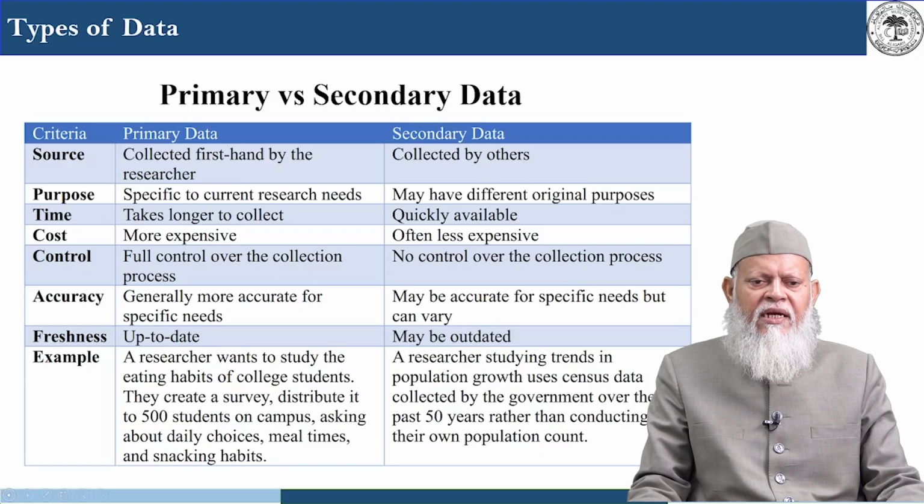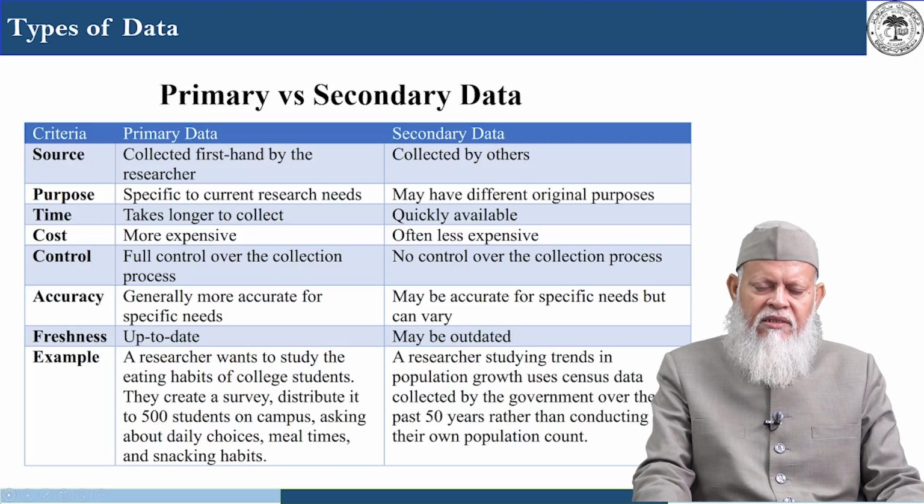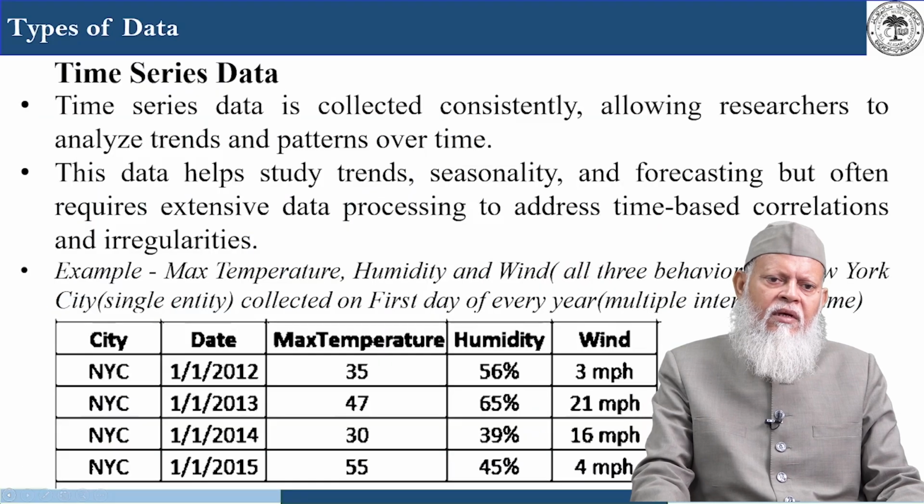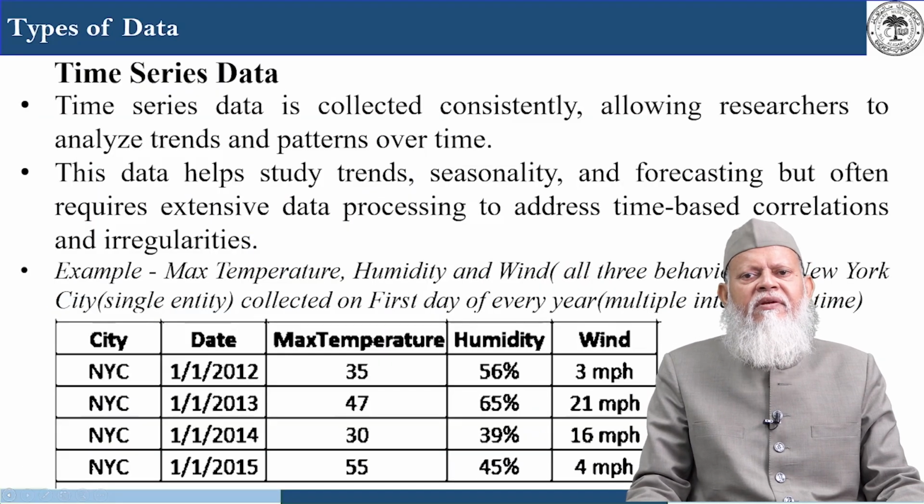We will quickly cover the other types of data also. The next that we discuss is the time series data. Time series data is collected consistently, allowing researchers to analyze trends and patterns over time.